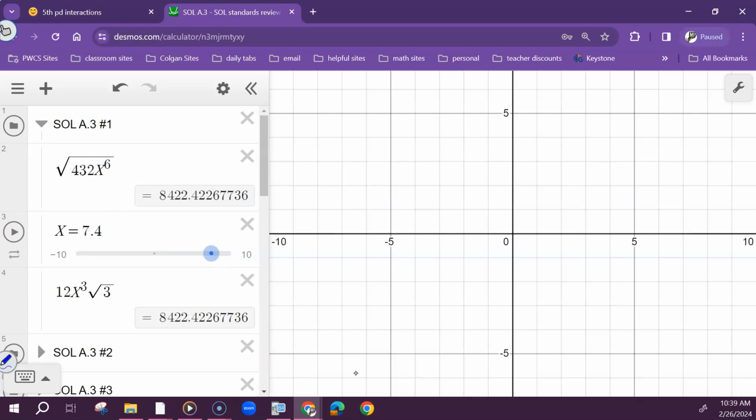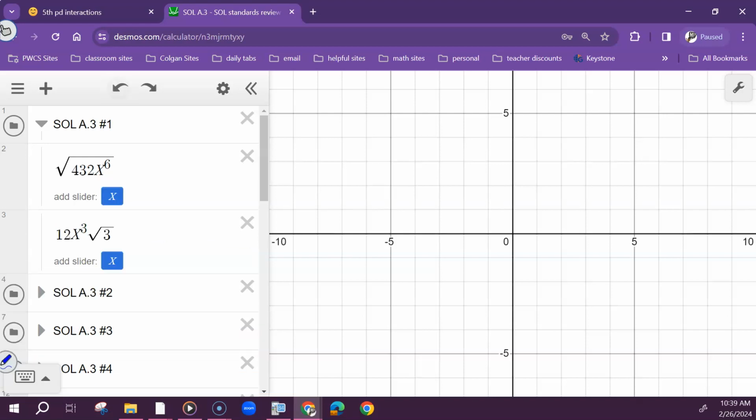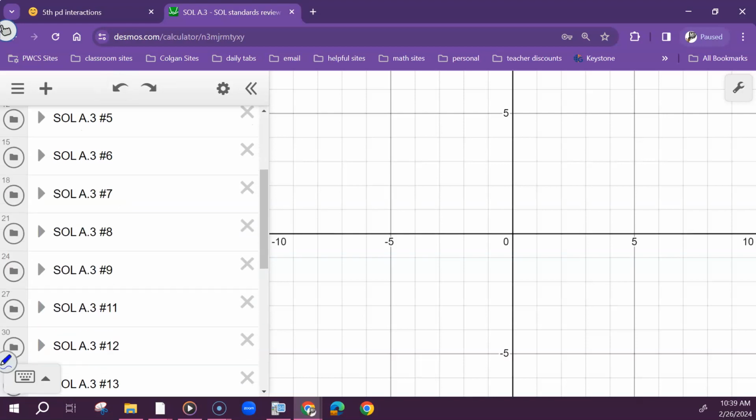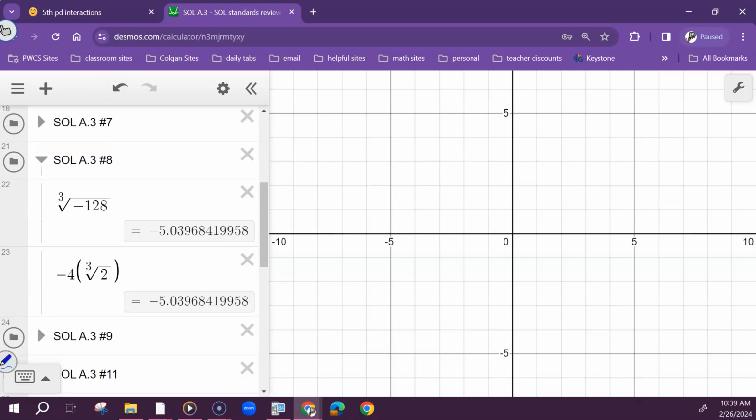And if they are, you know you did that right. If you get something with numbers, if you were to put that in, it's going to give you some decimal, however you simplify it. If you put your answer in and the decimals match, you know you did that right.